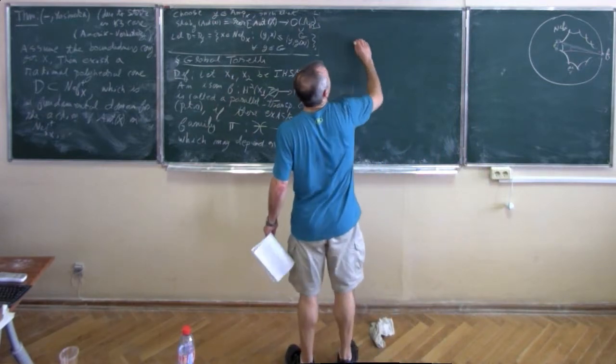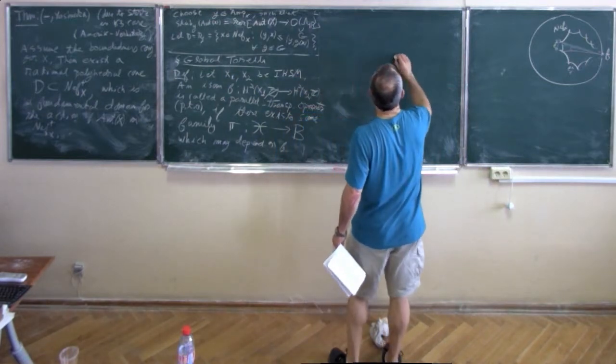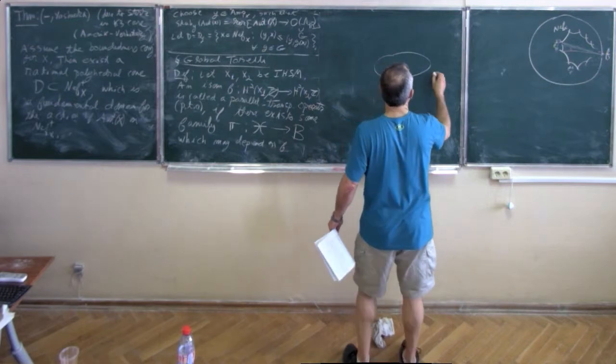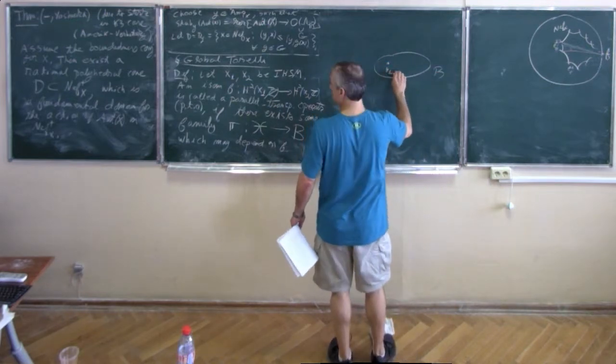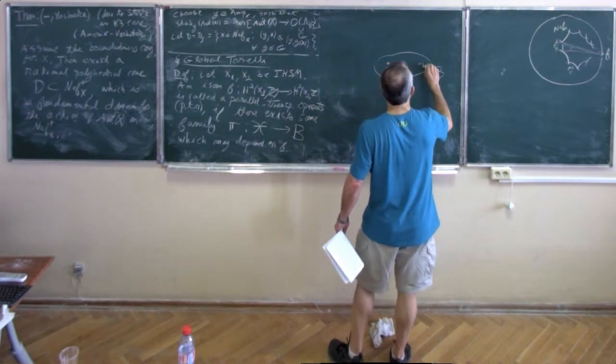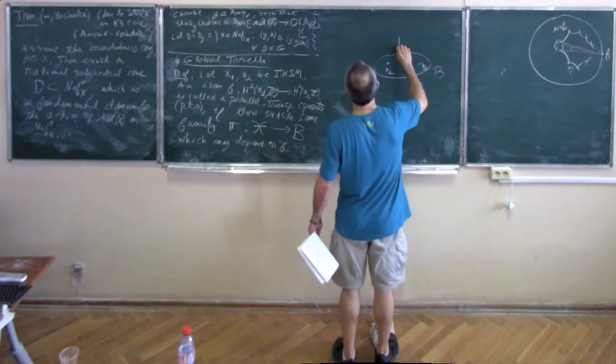Points. So let me just now draw the picture. So here's B. So we need points B1 and B2, and we have the map pi.